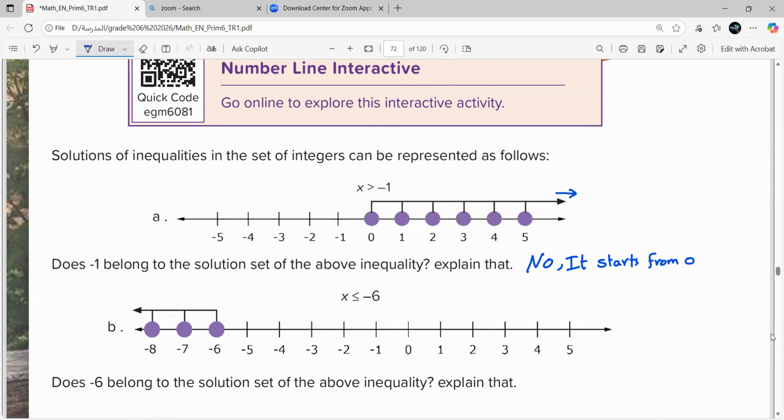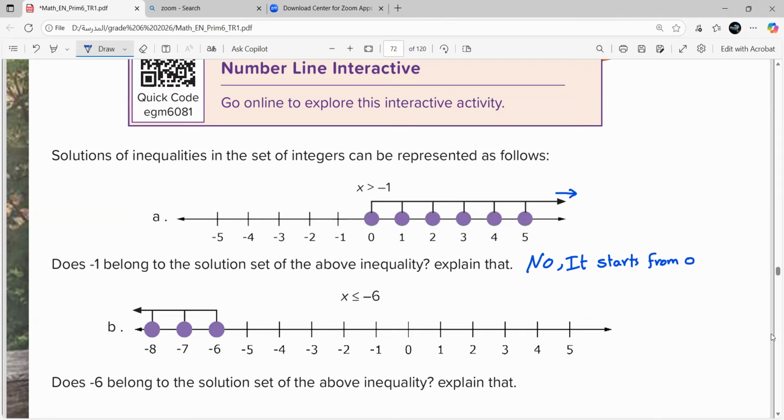Another one, x smaller than or equal to -6. x is less than or equal to -6. What does it mean? It means all the numbers that are less than -6 or -6 itself, because we have an equal sign here.